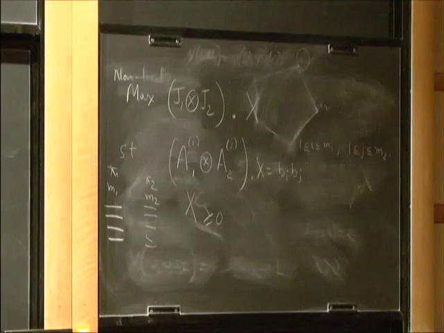So that's the tensor product of those two vectors, and it has size n1 n2.